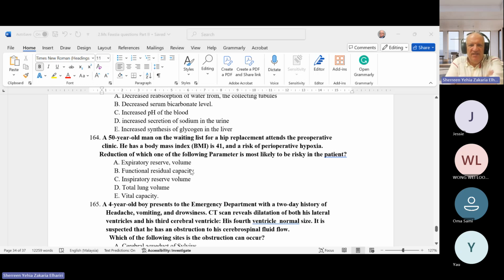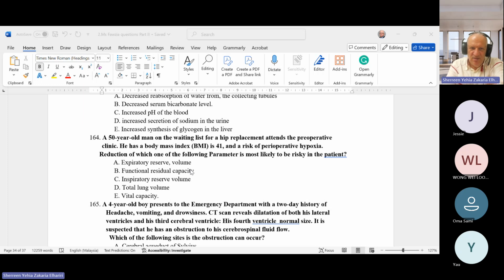A 50-year-old man is on the waiting list for hip replacement. He attends the pre-operative clinic. He has a BMI of 41, very obese, with risk of perioperative hypoxia. Reduction of which of the following parameters is most likely to be risky in this patient? Of course, the respiratory function test includes tidal volume, inspiratory reserve, and expiratory reserve.